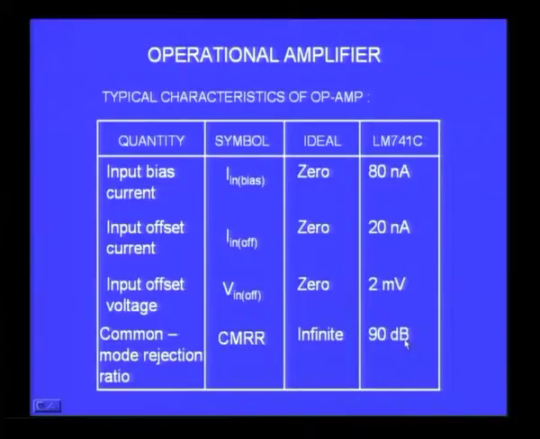I am sure you can immediately recognize 90 dB should be more than about 10,000, the voltage gain for differential input relative to common mode input. The gain AD by AC is what is called a CMRR, and that is nearly 10,000, 10 to the power 4, and large.